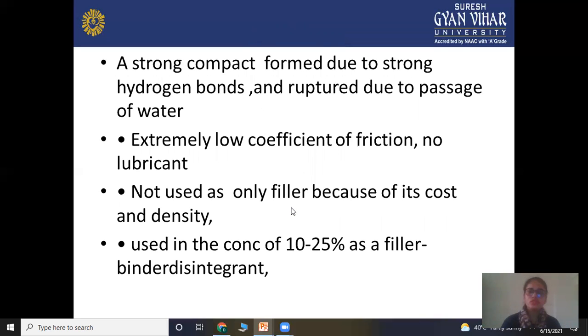It is also used as a binder or filler, or for improving density, due to its low cost. It is used in a concentration of 10 to 25% as a filler, binder, and disintegrant. Whether used as a filler, binder, or for disintegration, the concentration should be only 10 to 25%.